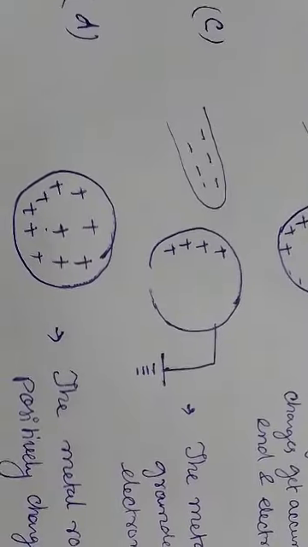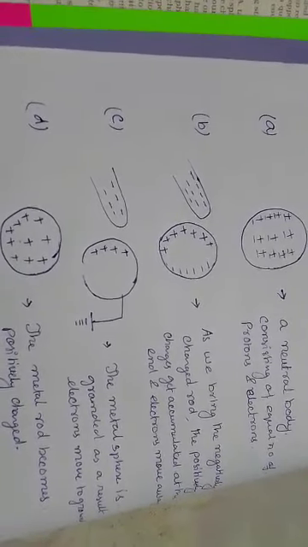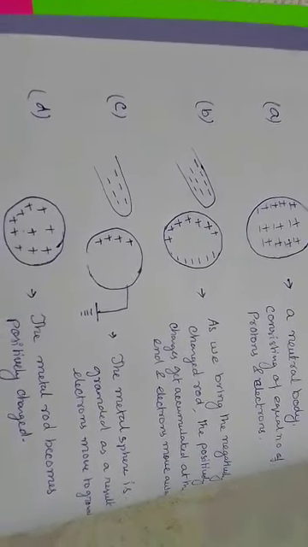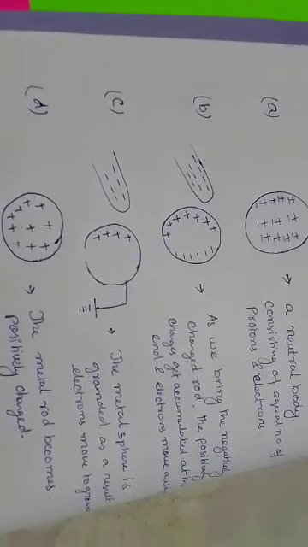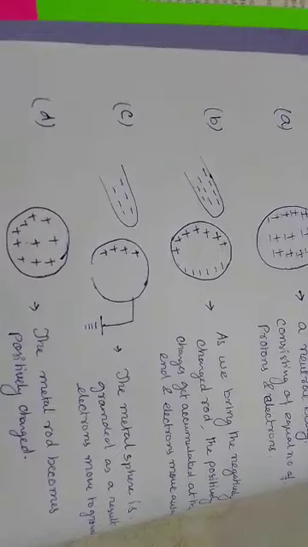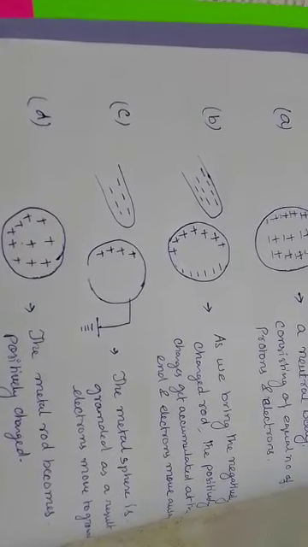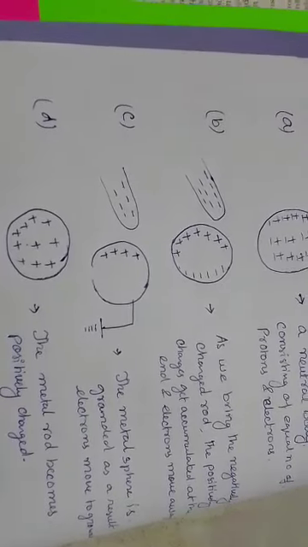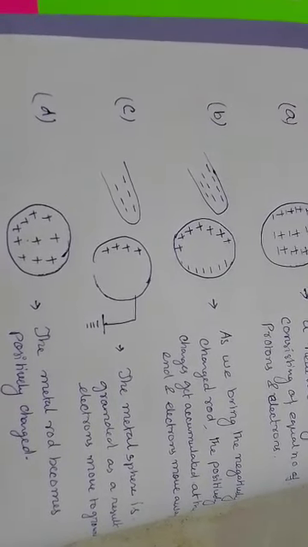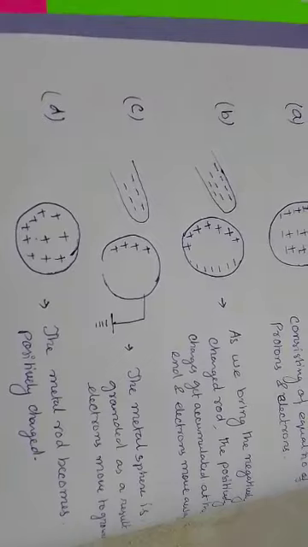So you can see the answer of this question. The first figure is a neutral body consisting of an equal number of protons and electrons. The second one is that as we bring a negatively charged rod, the positive charge gets accumulated at the end and then the electrons move away.